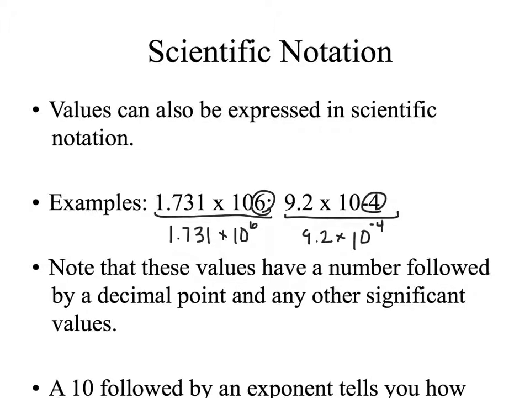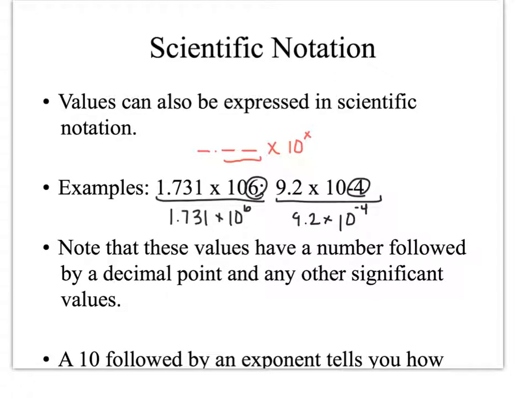Okay. So in scientific notation, you have a value, so a number dot a number, and the number of decimal places will depend on the significant figures that you're reporting to. Then you have times 10, and it's raised to some exponent, and that exponent will depend on how many places you would need to move your decimal.